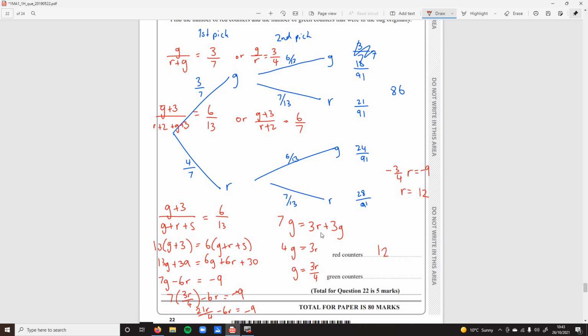Okay, yeah, that's the answer, 12 red. And then you can put it back in to get the green.